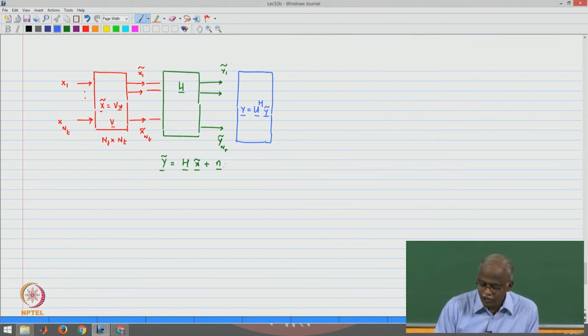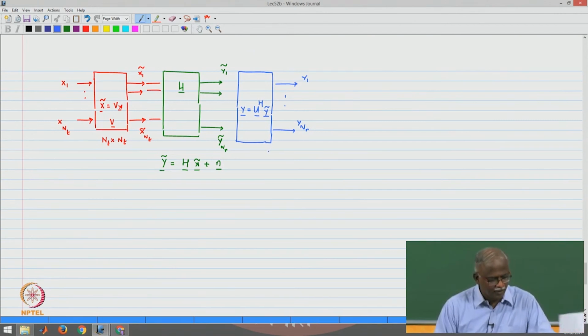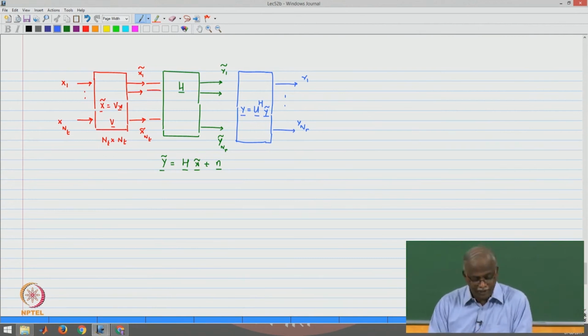So, if this is y tilde, then what we get here are the outputs y1 through ynr, and this is the expression that we have obtained. Again, it is a very powerful result. This is something that we will use repeatedly in our discussion.